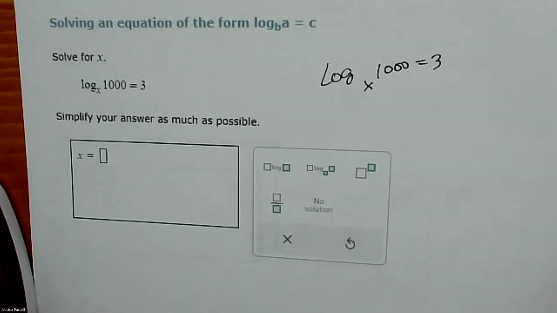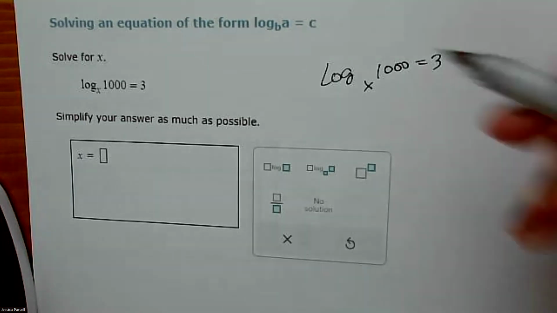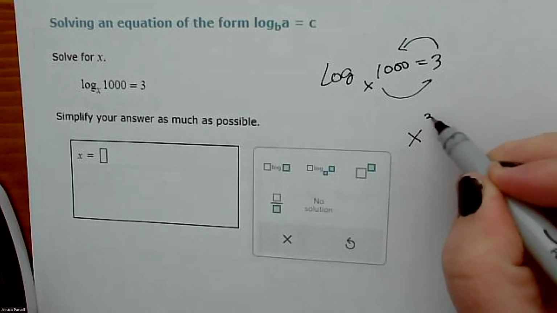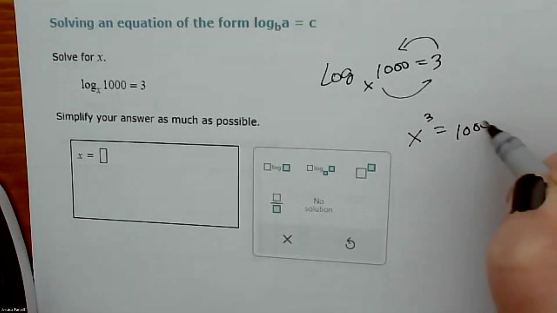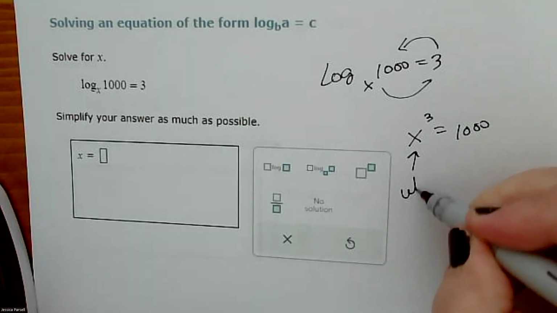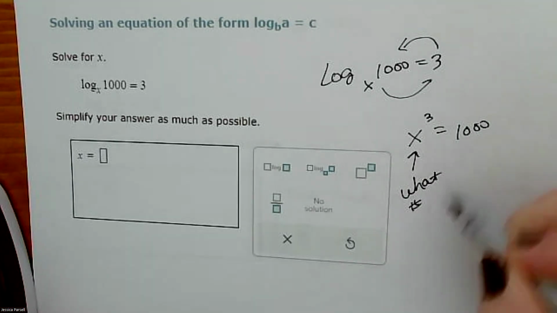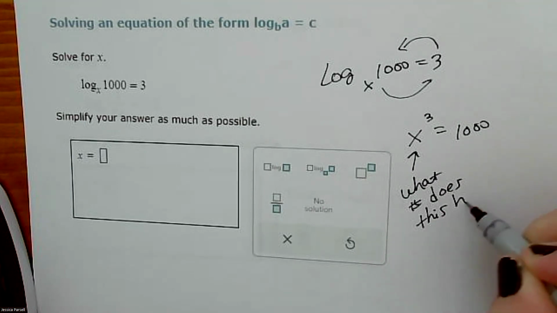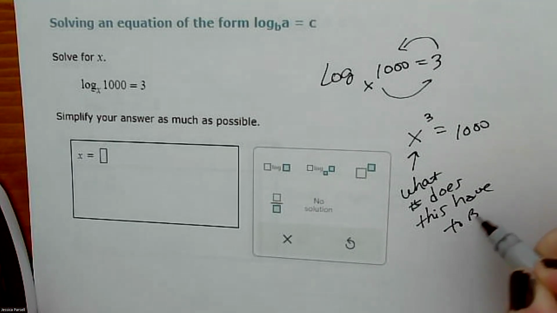Okay, so a couple ways to kind of think about this. You could do my circle, which I kind of like to do. X to the third power equals 1000. Then you can think about what number this has to be.